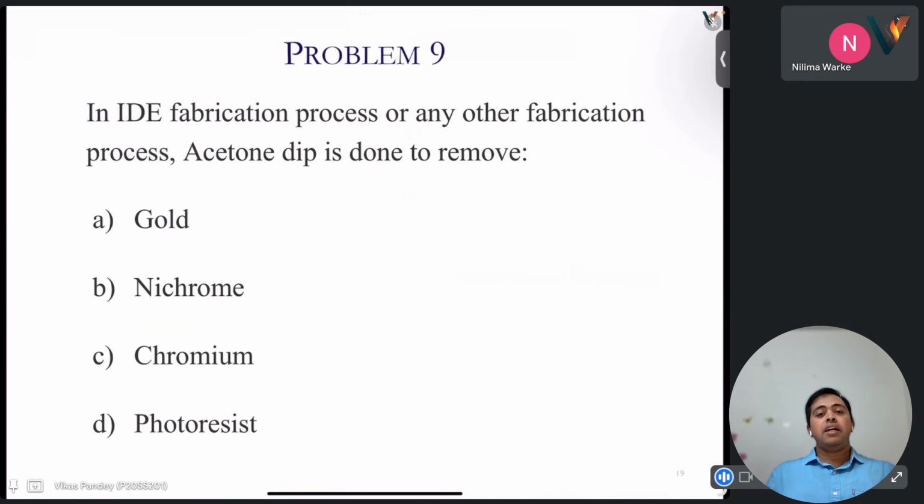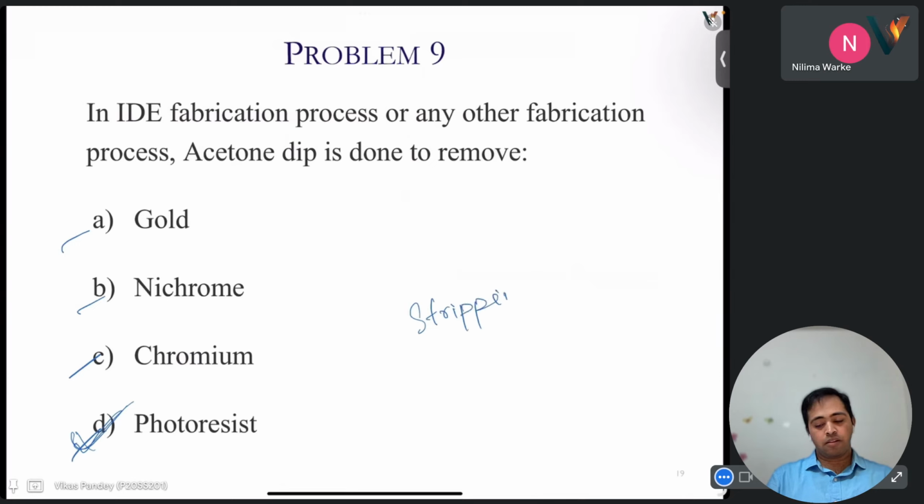In IC fabrication or any other fabrication process, an acetone dip is done to remove gold, nichrome, chromium, or photoresist. We discussed it, right? So this is the stripping part.